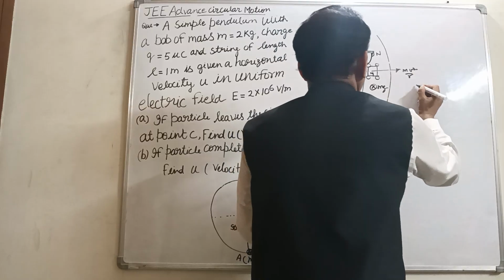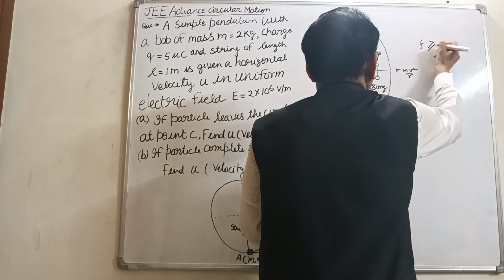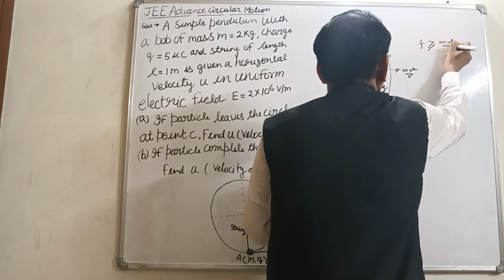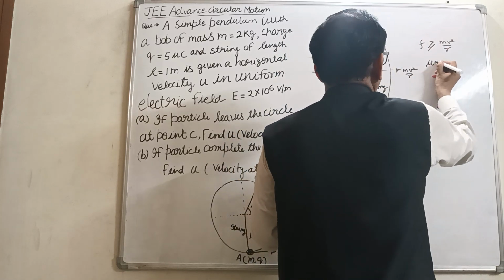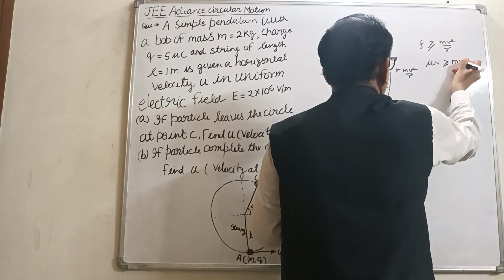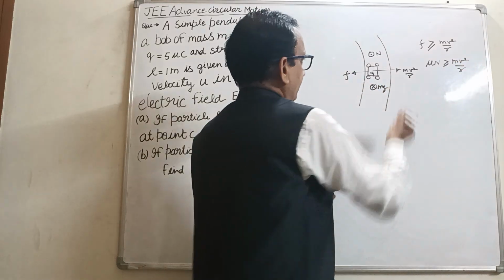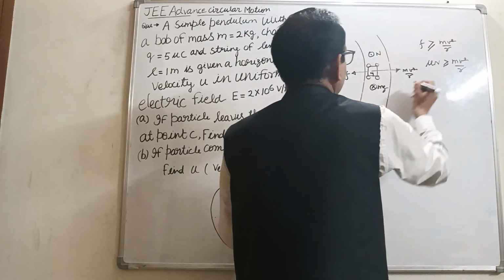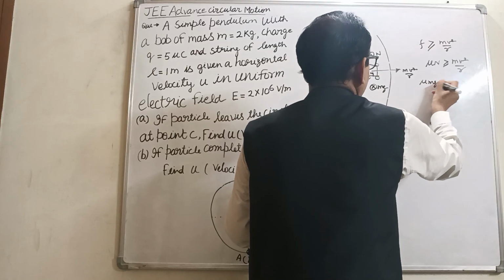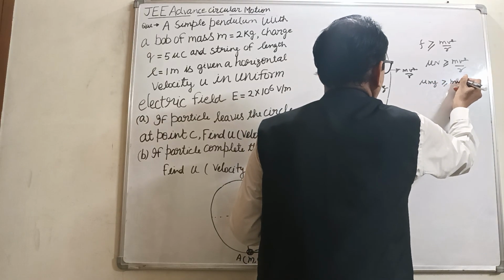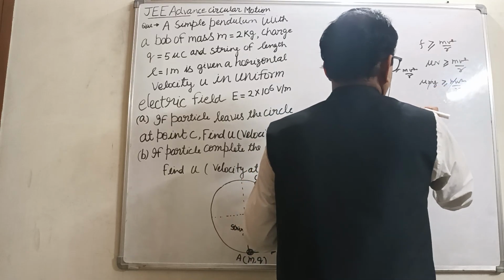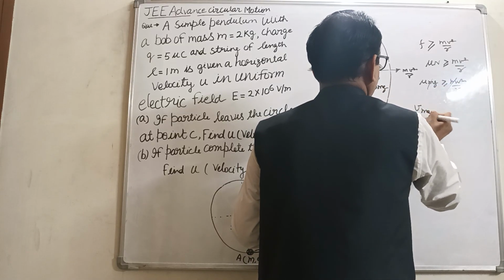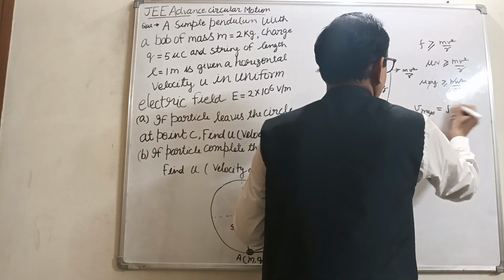So what would the friction be? Friction would be greater than or equal to mv square upon r. Friction is mu N, greater than or equal to mv square upon r, and the value of N is mg. So mu mg is greater than or equal to mv square upon r, and m cancels out, and v maximum would be under root mu rg.